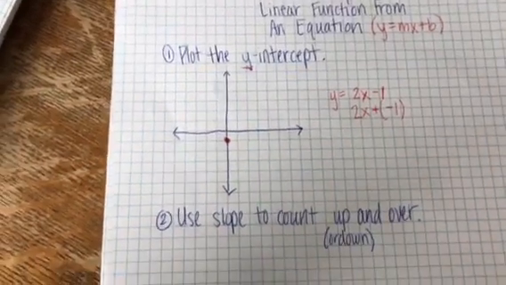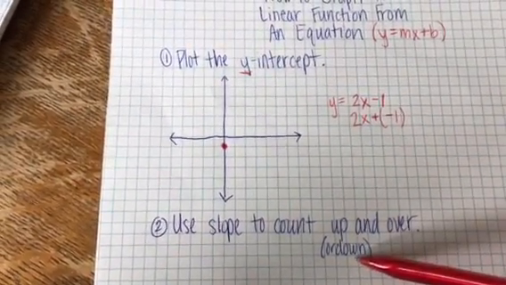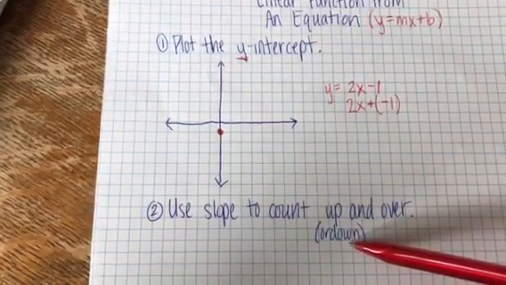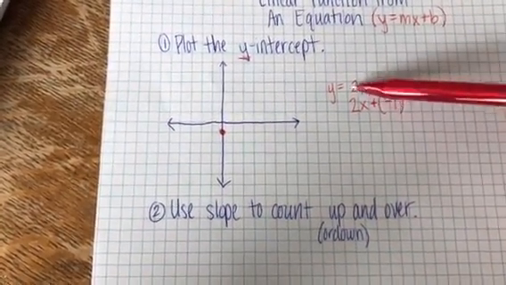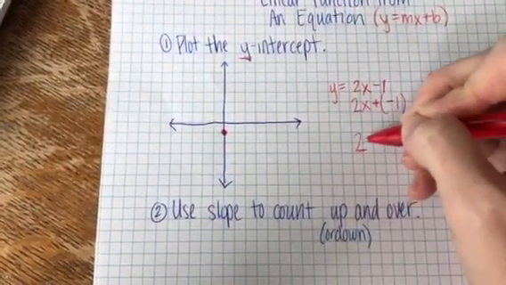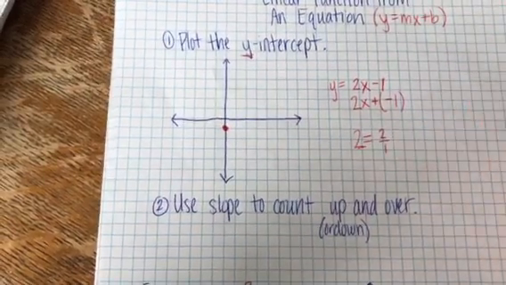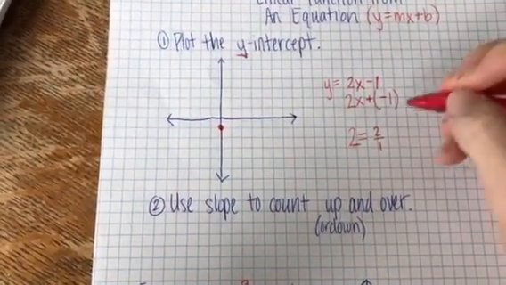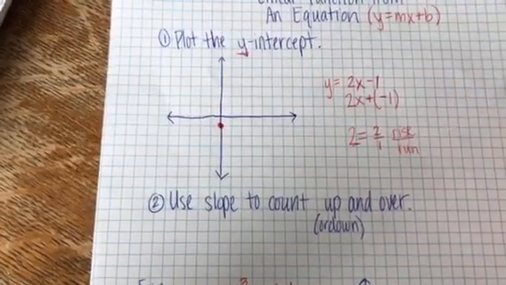All right, the next step is to use the slope to count up and over or down and over, depending on the direction of your slope. We have a positive slope here, 2x, positive 2x. Remember that any whole number can be rewritten as a fraction by just putting that whole number over 1. And if you put the 2 over 1, now you have a rise and you have a run.